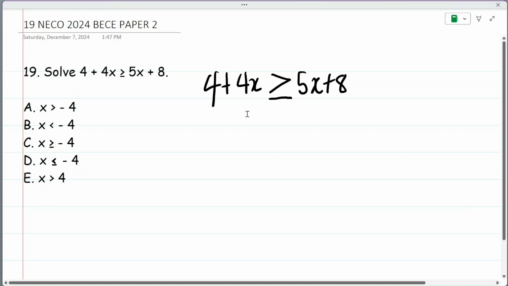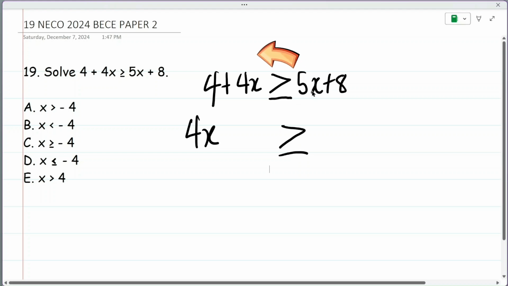The first one will be a normal way a student will approach it, where you want your unknown to be on the left and your constant to be on your right. So let's take it. We have 4x, the greater than or equals to sign, then this plus 5x jumps over the greater than or equals to sign, which works similarly as the equals to sign.